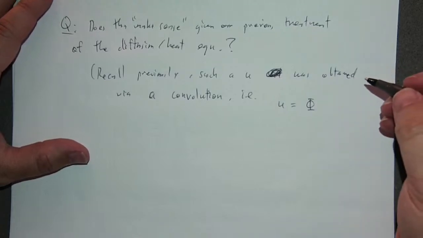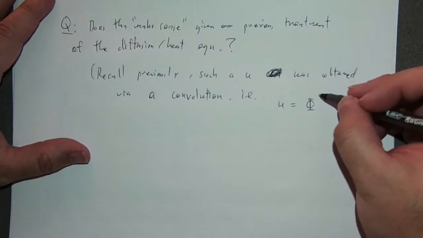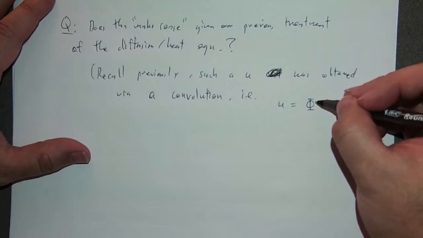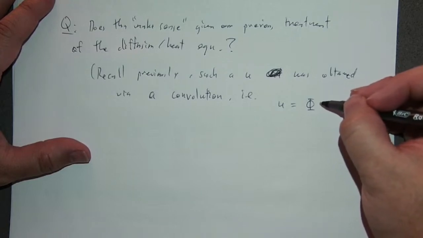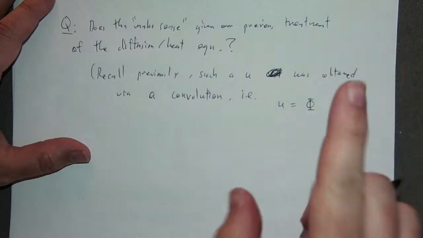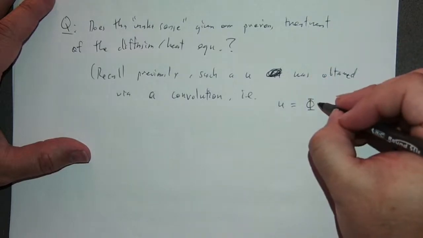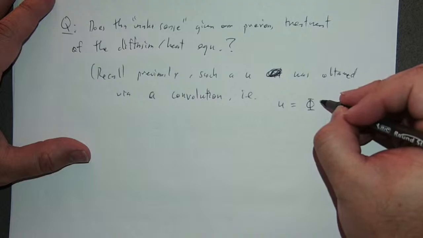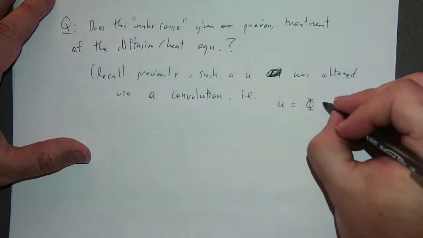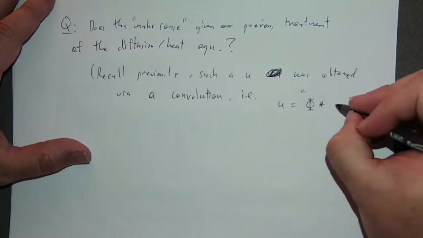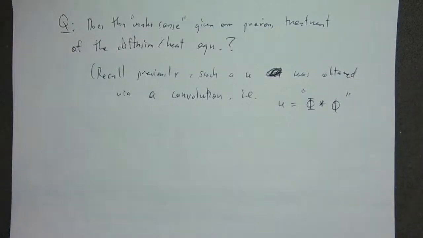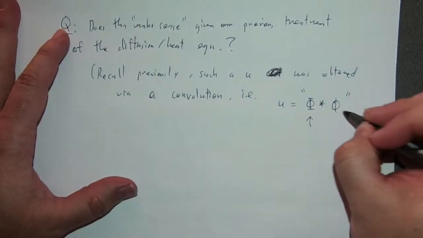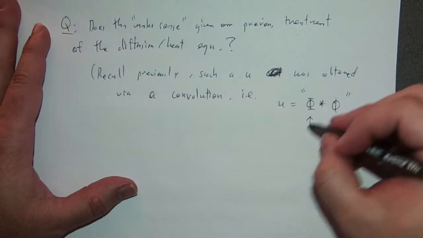In this case, maybe you don't like me calling it phi because the thing I'm about to write is not really the heat kernel, but it's related to, or similar to, the heat kernel. It was like some fundamental solution convolved with the initial data, right?